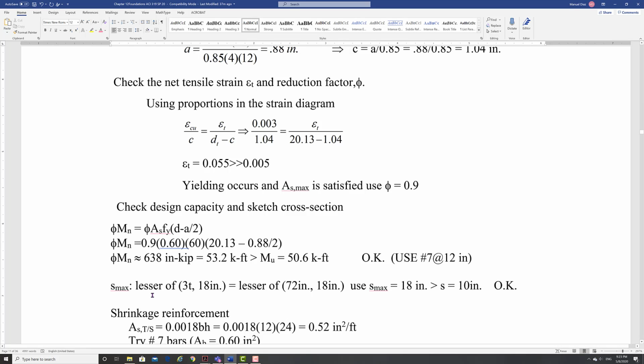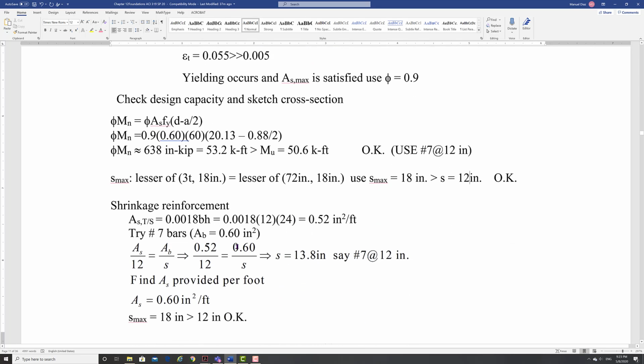Now we do maximum spacing the same as we did with slabs. So we satisfy that. So that one is also satisfied. And next we have to do the temperature and shrinkage value. So we do the same formula, 12 times 24, that one. And here, yep, pretty much number 7 is at 12.2. So would be that, same as before.